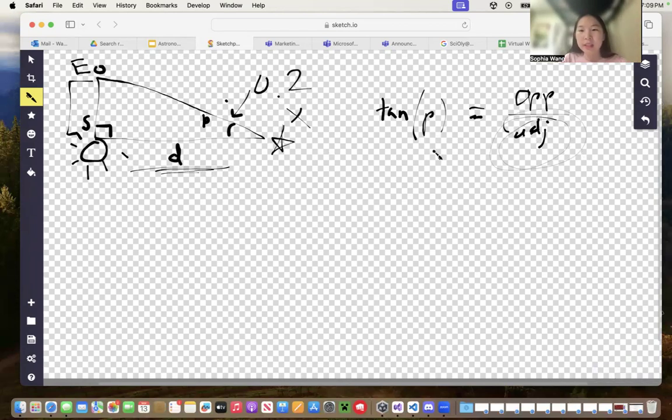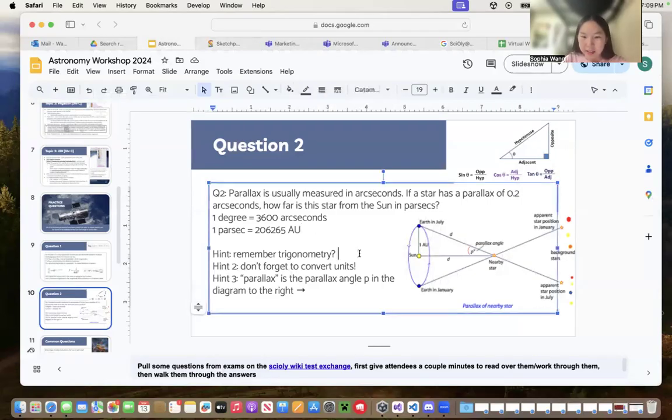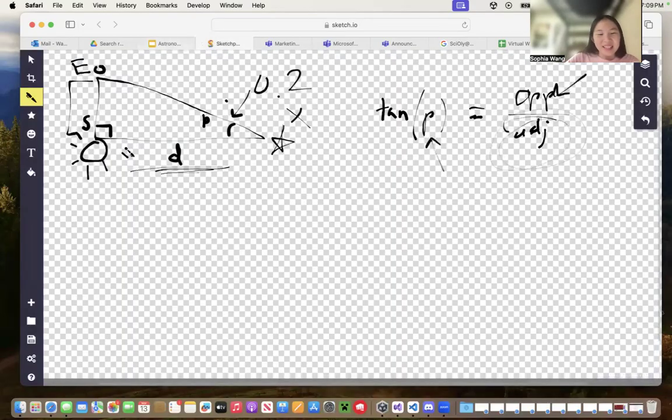And if you'll notice, we have P and we have our opposite side because the distance between the Sun and the Earth is always 1 astronomical unit. And this was kind of a hint here when I gave you this conversion, but yeah, so basically this is 1 AU, we have that, and this is 0.2 arcseconds.